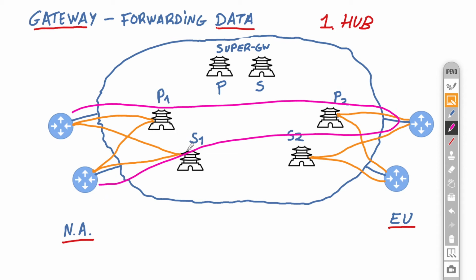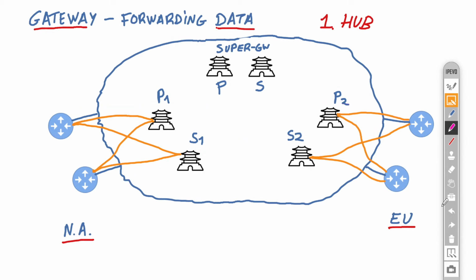However, this might not actually be optimal, especially for real-time applications. So in that case, you can actually say that instead of using the hub in Europe, we'll be using the gateway. So in that case, the primary gateway is used, and at failure, we can use the secondary gateway.